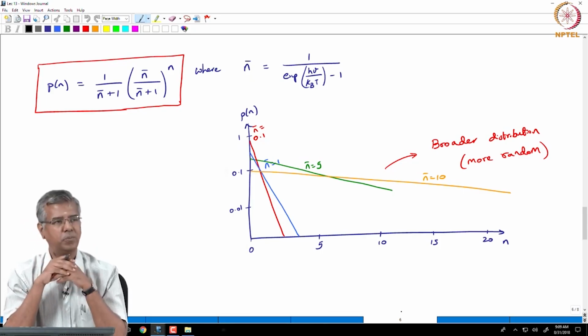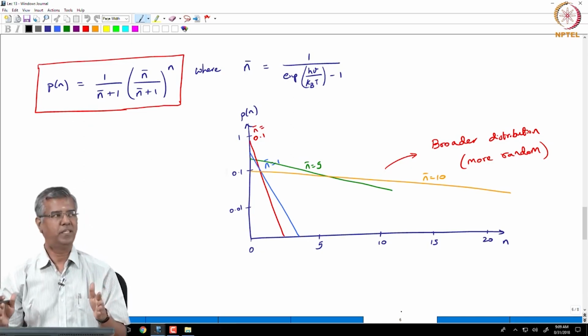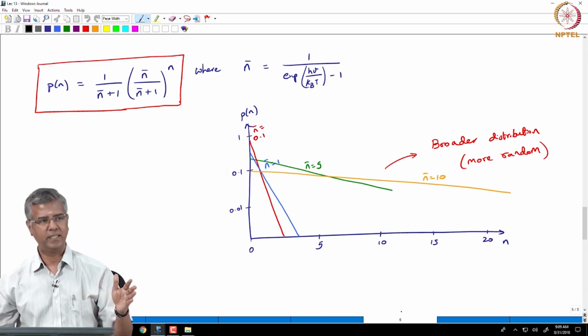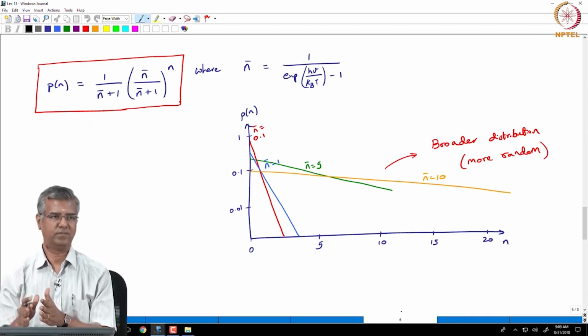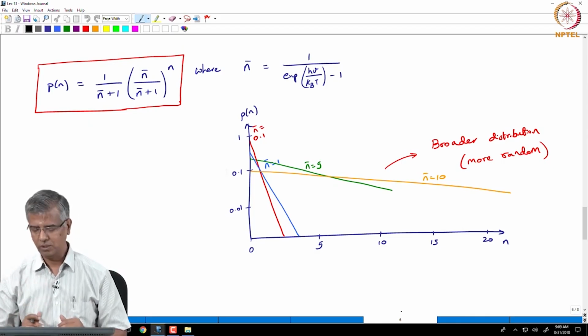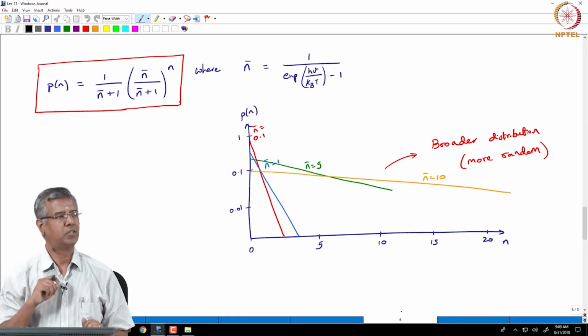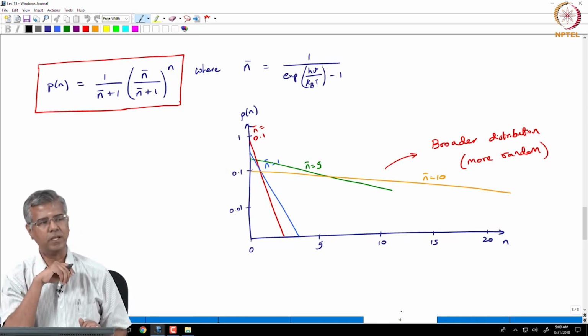What happens to the distribution? What do you think the distribution would look like? This entire distribution then would essentially collapse to that specific value that we are looking at.